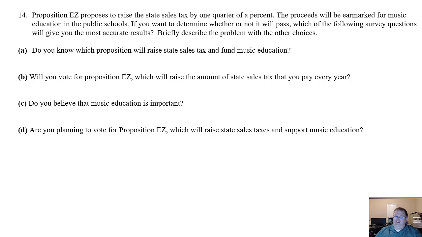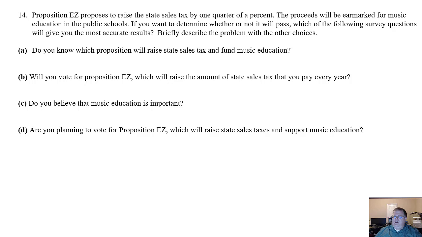So we're given this scenario, and if you haven't read it yet, go ahead and read it. But the gist of it is Proposition EZ proposes to raise the state sales tax by 0.25%. The proceeds will be earmarked for music education in public schools. If you want to determine whether or not it will pass, which of the following survey questions will give you the most accurate results? Briefly describe the problem with the other choices.